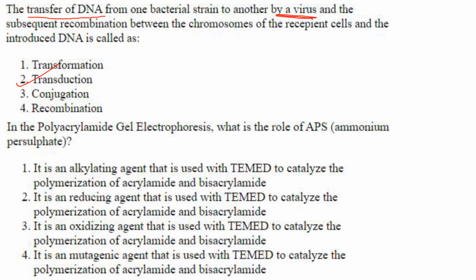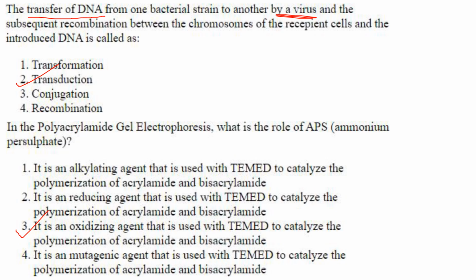Then there is ammonium persulfate, which is an oxidizing agent that is used with TEMED to catalyze the polymerization of acrylamide and bisacrylamide. So 3 is the answer. It is an oxidizing agent.